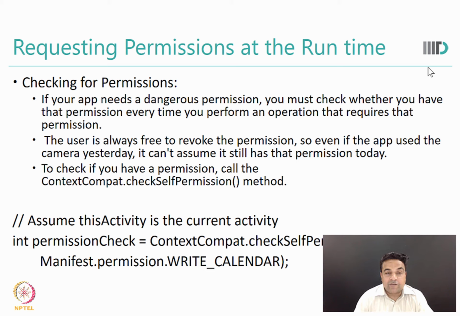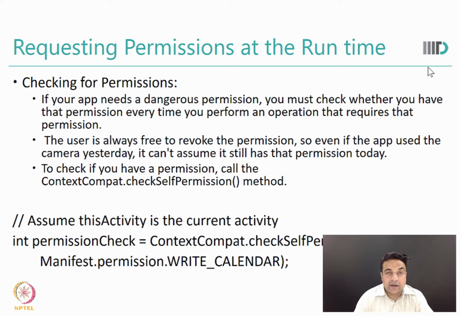That is, if you want to read the user's contacts, which is a dangerous permission, before reading the user's contacts, you must check that you still have the permission from the user. The reason is that the user is always free to revoke the permission. So even if your application read the contacts yesterday or used the camera yesterday, you cannot assume that it still has that permission today. That is, you must make an explicit check.